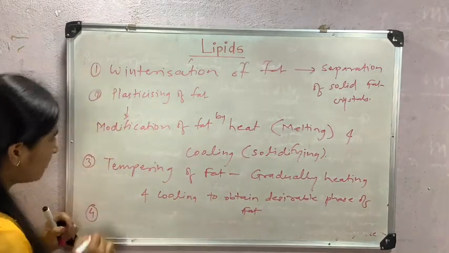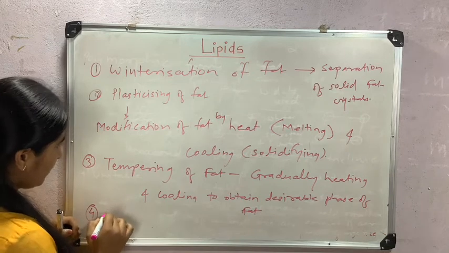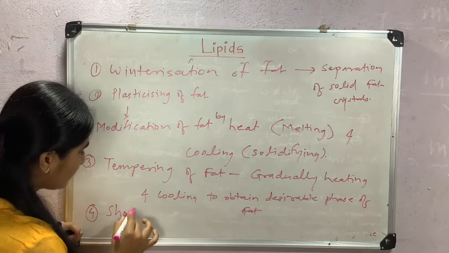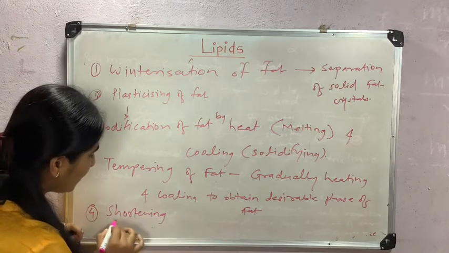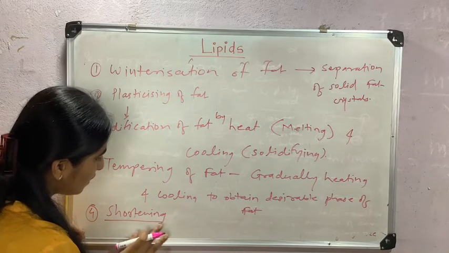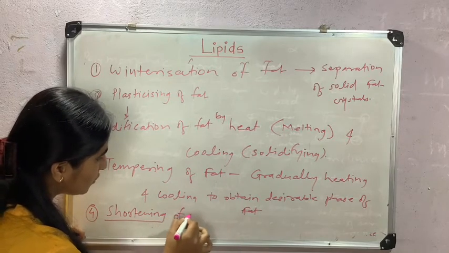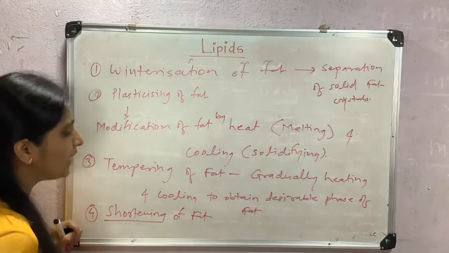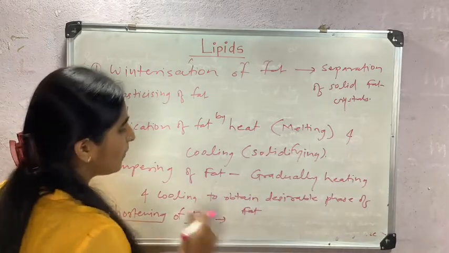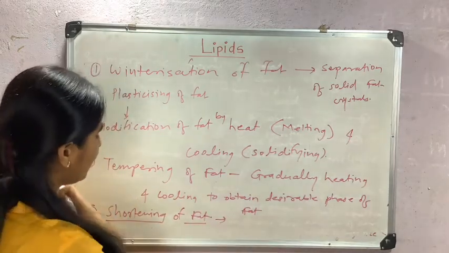And the last term is shortening of fat. Actually, shortening is a process. Sorry, this is not a process. This is the ability of fat to make a product more tender.